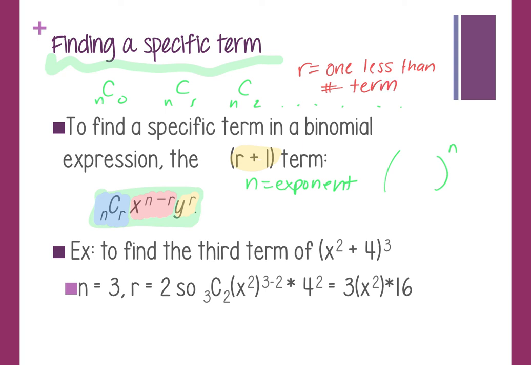So if it says the third term, r is 2. If it said find the seventh term, your r is 6. One less because we start with 0. So like the first term is the 0 term, second term is 1, third term is 2, like that. So it's always one less.